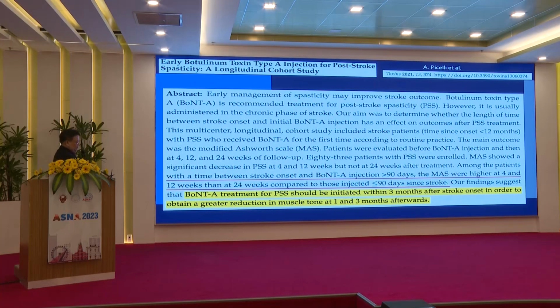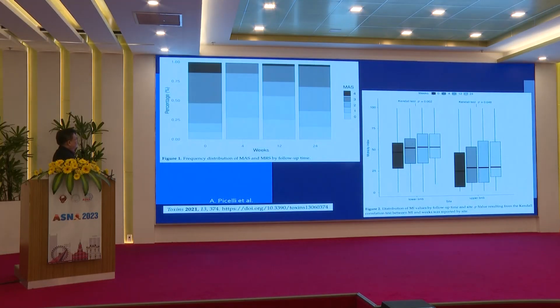So this is another study independently done. And this is just to mention to you the modified Ashworth scale. Weeks later, it has been reduced significantly. And if you look at the impact, not only on the upper limb, but it does also have impact on the lower limb, even if you just injected the upper. So that's an interesting study.